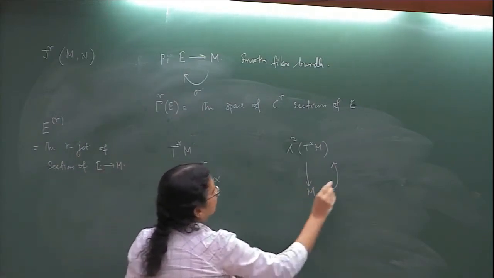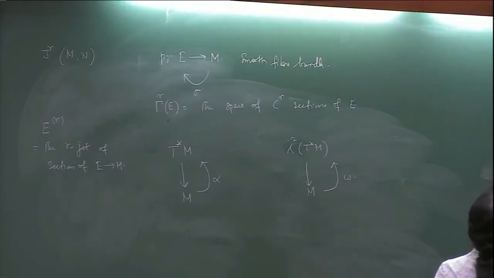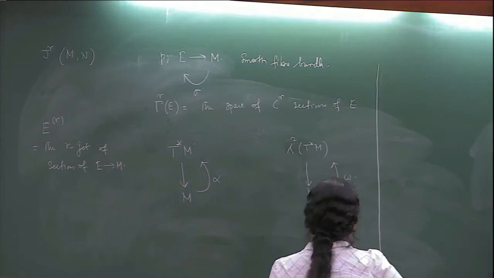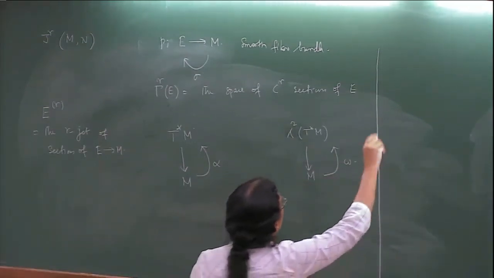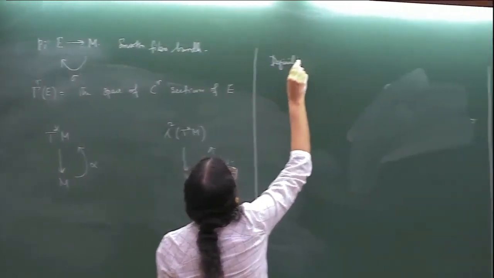So this is alpha, this is omega. Okay. So there will be lots of definitions now.